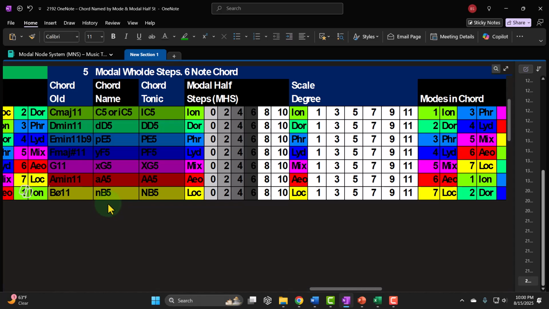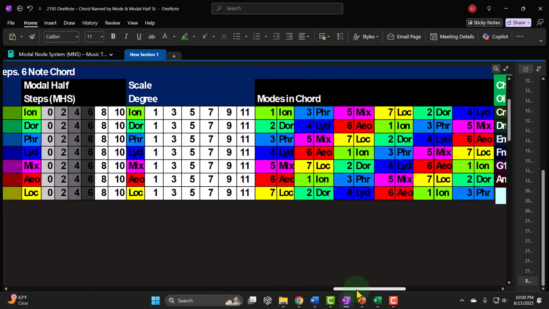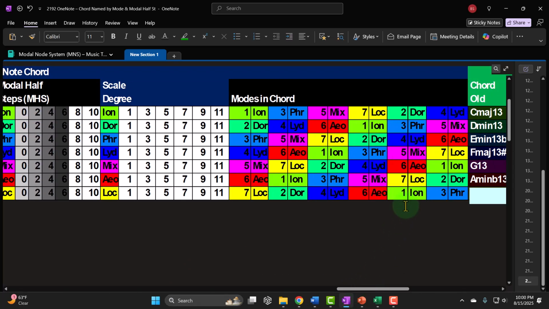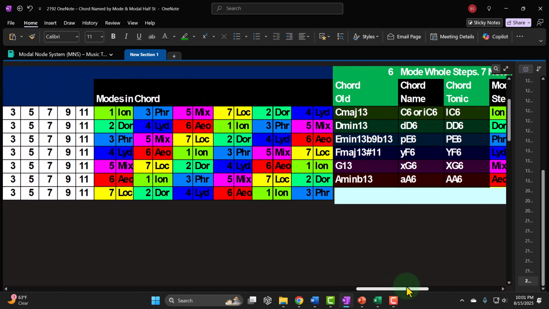It's a distance term. 5 times 2 would be 10 modal half steps. 10 plus 1 would be the 11th scale degree that we're naming the chord based on. From a nodal standpoint, we left off on the 1, plus 2 gives us the 3. The Phrygian node is the node we named the chord off of, which is 10 modal half steps up, which would be the 11th scale degree, equivalent to a local scale degree distance of 4.